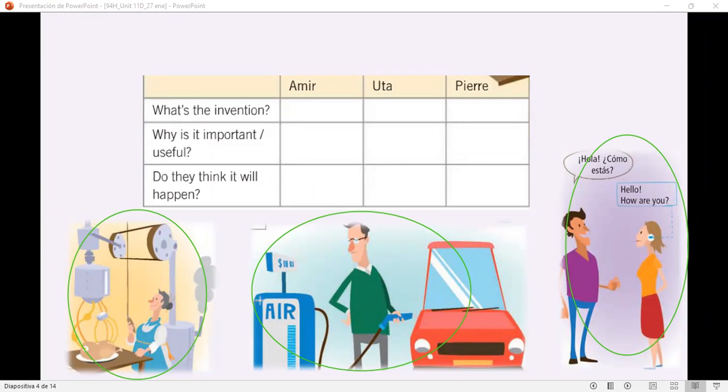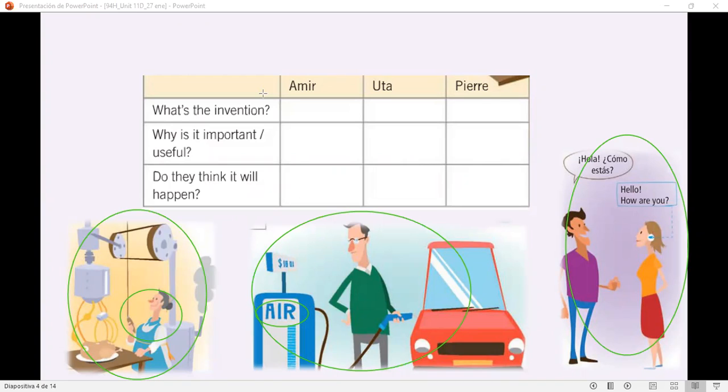Here we have the word air, right? So it's giving us a sign. What about the next, the last, this lady? What is she doing, or what kind of invention does it seem to be? Is it a cooking machine? Could be a cooking machine, good.